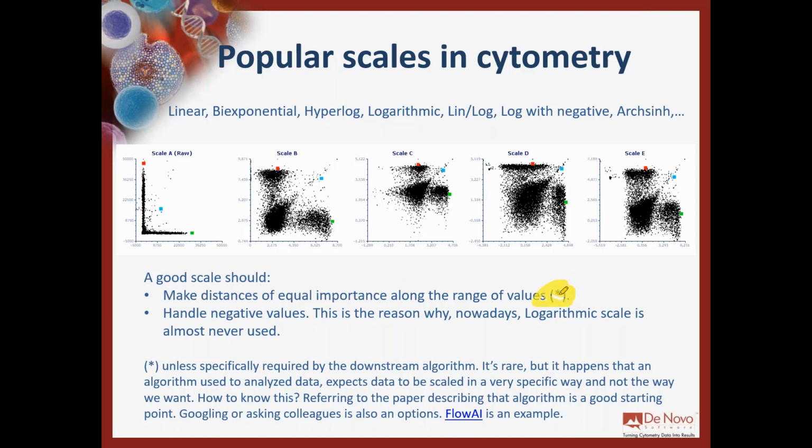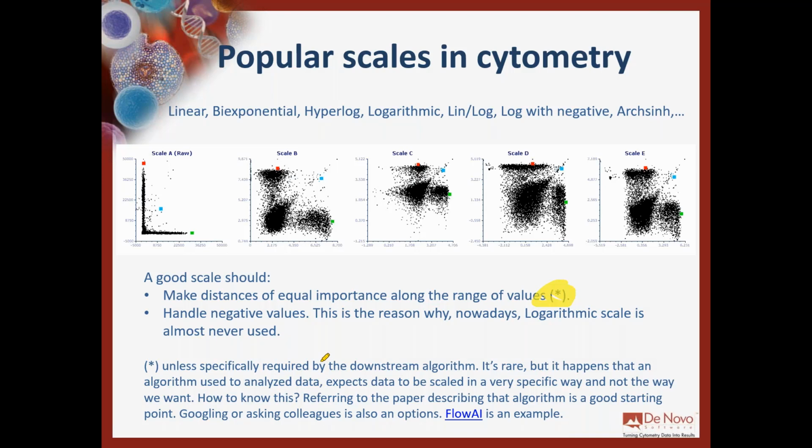You see here, I have added an asterisk. Most of the downstream algorithms benefit from scaling, because of the reason I mentioned before: you want to make distances more homogeneous. There are some exceptions, and they're not related to high-dimensional data analysis.